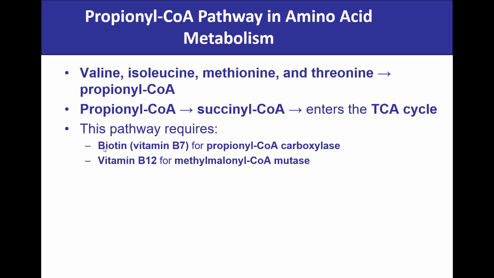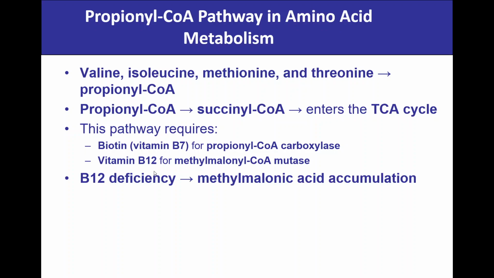This pathway requires 2 vitamins: B7, which is biotin, for propionyl-CoA carboxylase, and B12 for methylmalonyl-CoA mutase. We'll come back to these 2 enzymes later on. If there is a deficiency of B12, methylmalonic acid will accumulate.